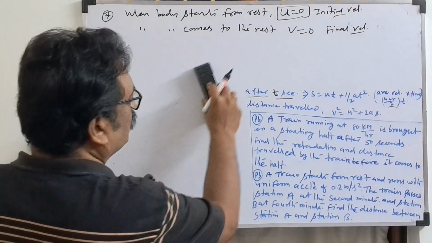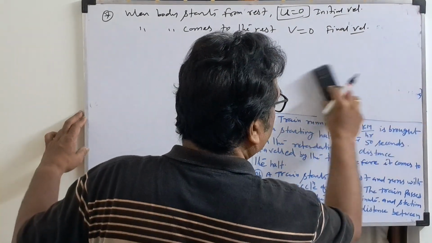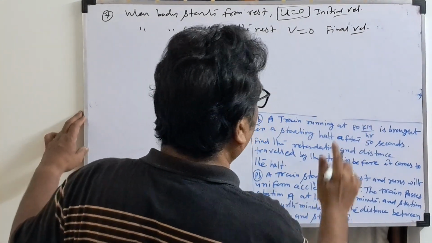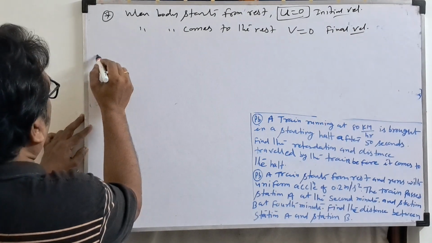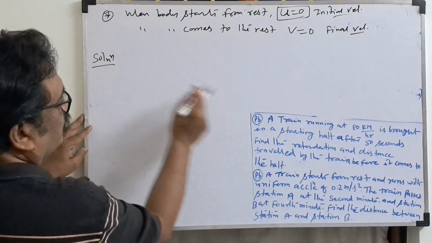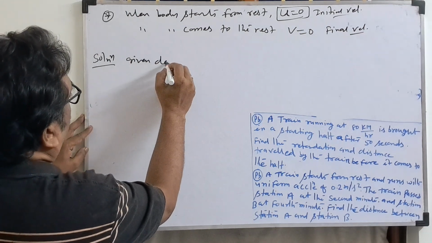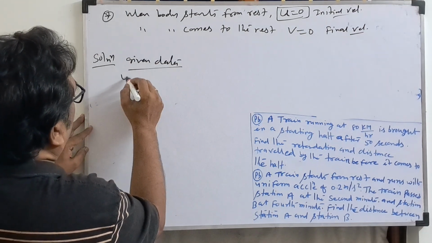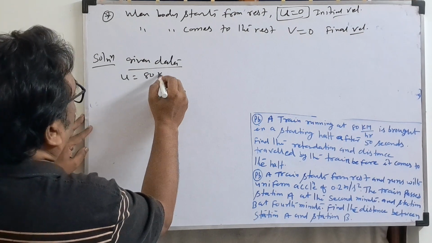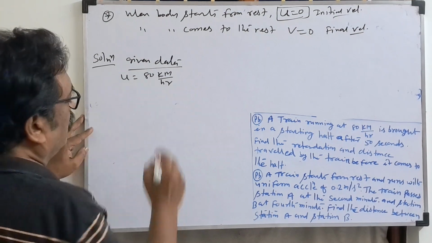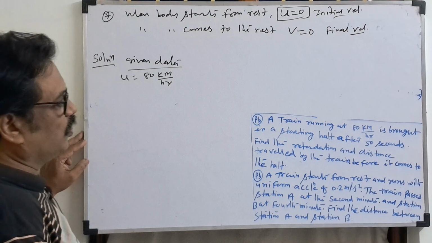So what is given in this question? Listen here. A train running at 80 kilometers per hour. Solution for this question. Given data: the initial velocity is 80 kilometer per hour.